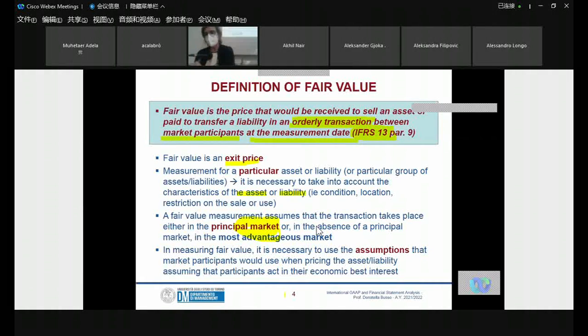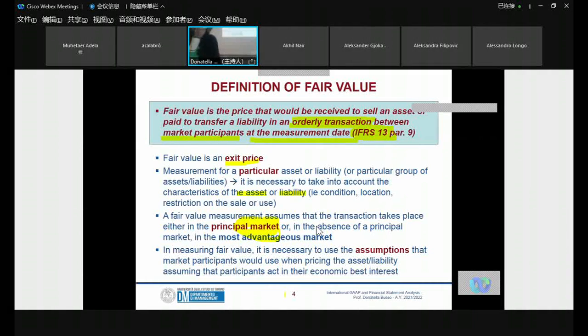This is an exit price. Of course, it depends on the perspective. But from an accounting point of view, when the fair value is determined for an asset that the company has, in this case, it is the exit price for the seller. Okay?